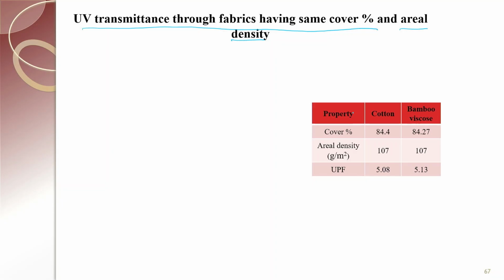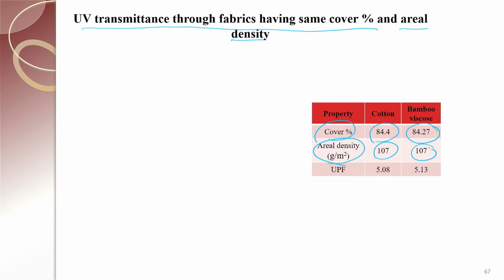Now, for the properties which we are using here, we have selected particular fabrics of the same cover factor, 84.4 and 84.27, and the areal density we have got is 107 and 107.